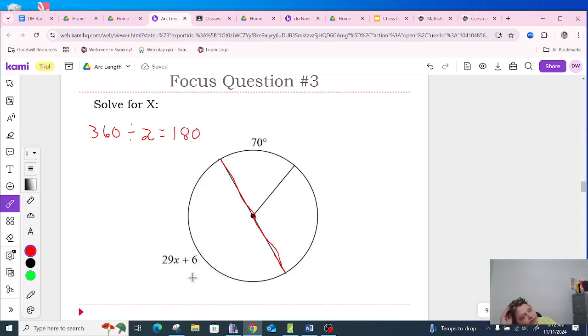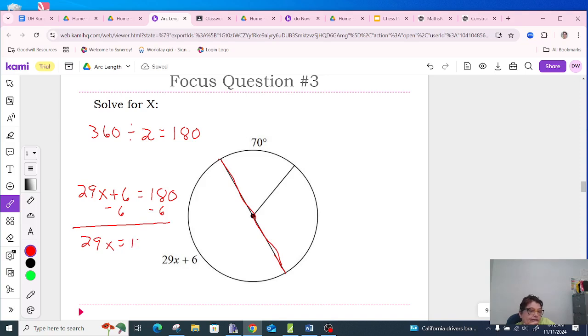So if I want to solve for x, how would I set this up? 29x plus 6 has to equal 180. So you would subtract 6 on both sides. You would get 29x equals 174, and then divide by 29. So x would equal 6.